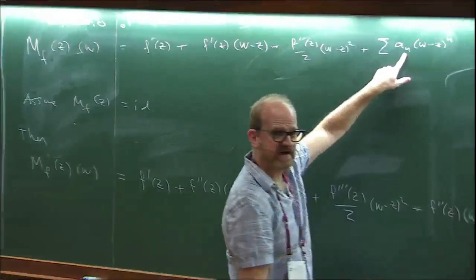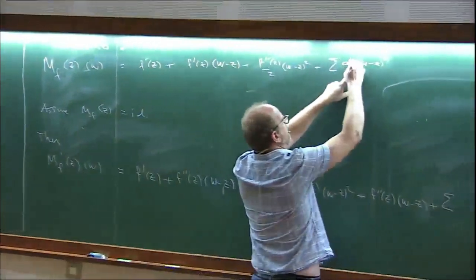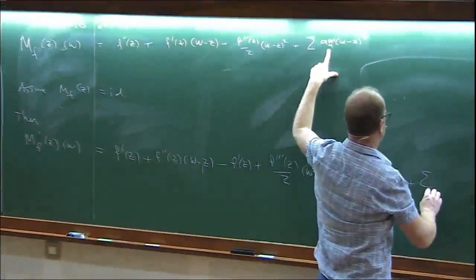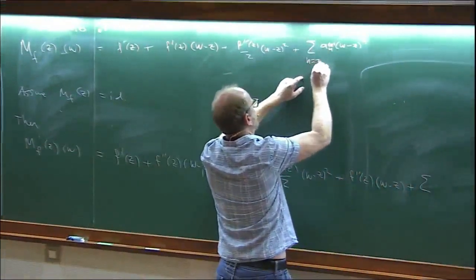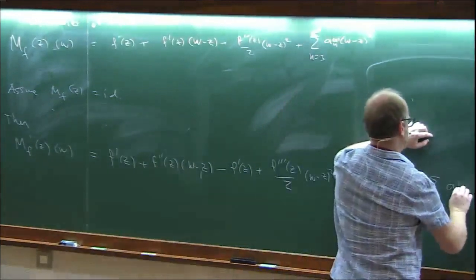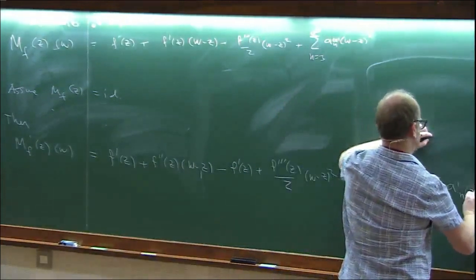So this a_n depends on z. So maybe I should write this as a function of z. Here we're starting from n equals 3 to infinity. So I take the derivative of that function. Who knows what that is?